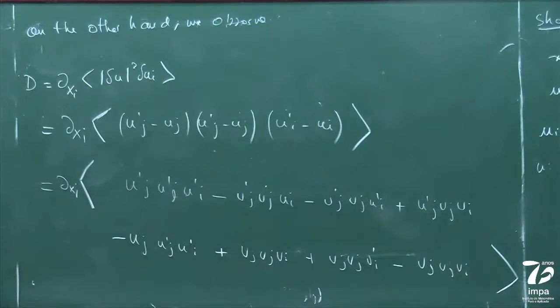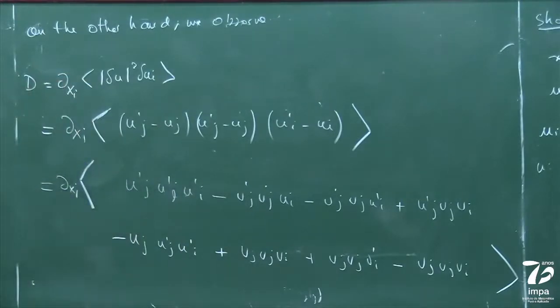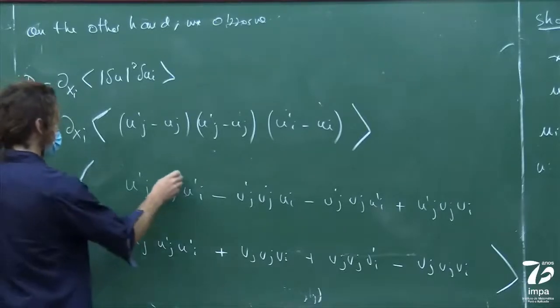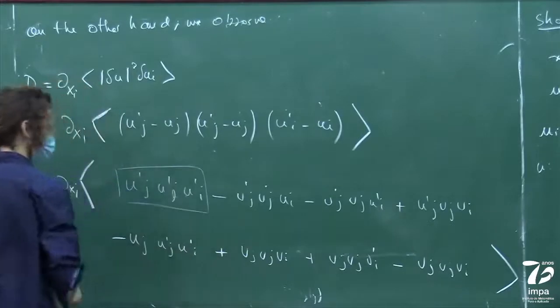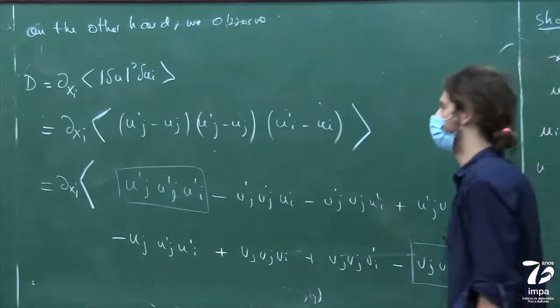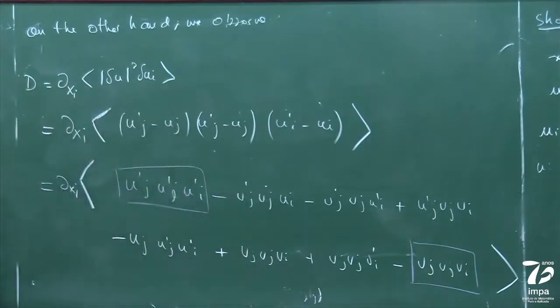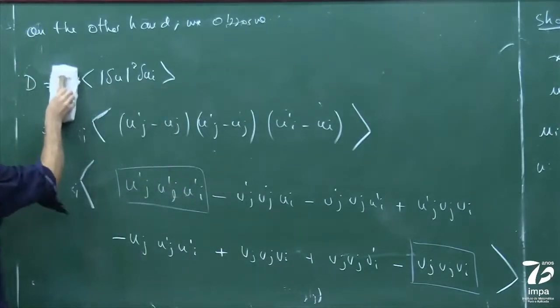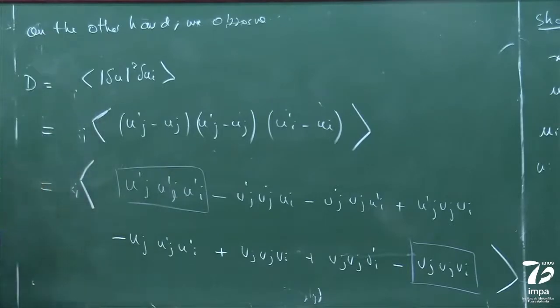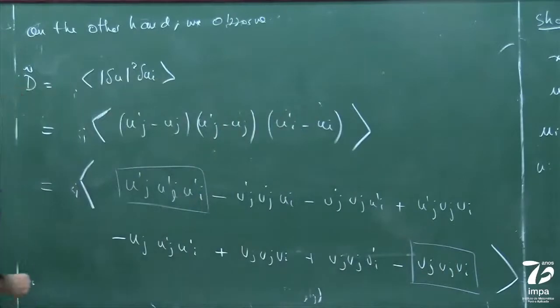It's a lot of terms. So the observation will be the following one: it's a lot of terms, but a lot of them vanish. So this one here and this one here will vanish. Averaging this guy and averaging this guy, they will cancel out.